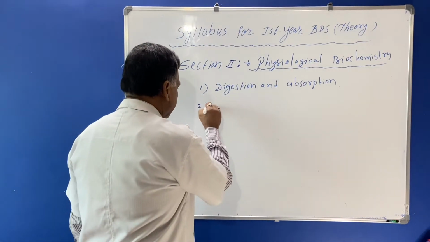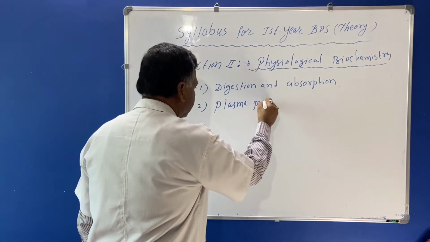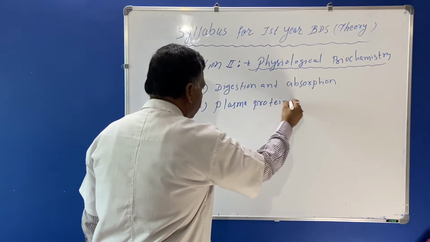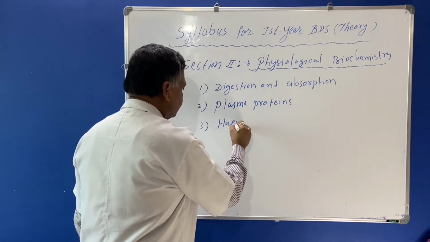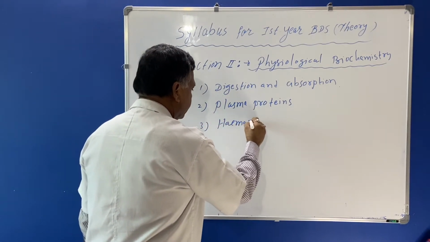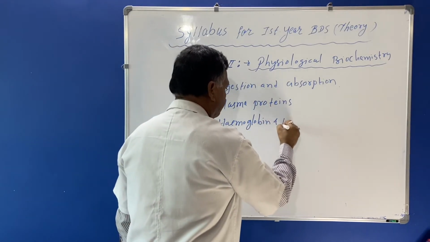Second one is plasma proteins. Third one is hemoglobin and porphyrins.